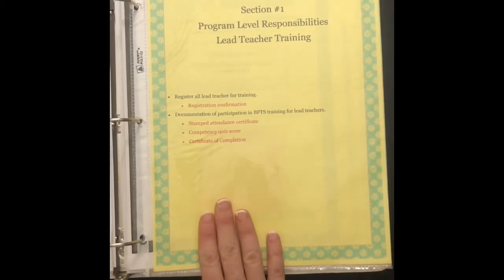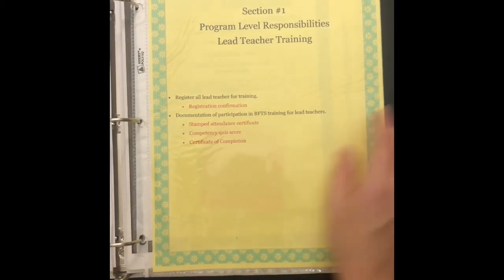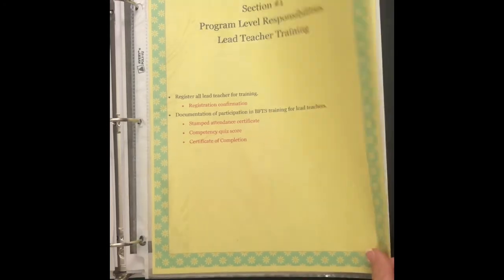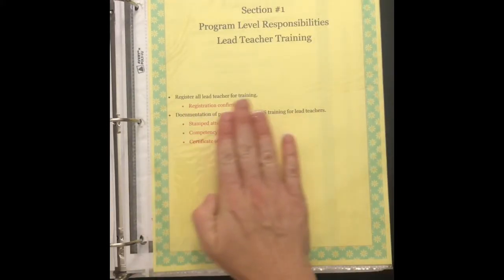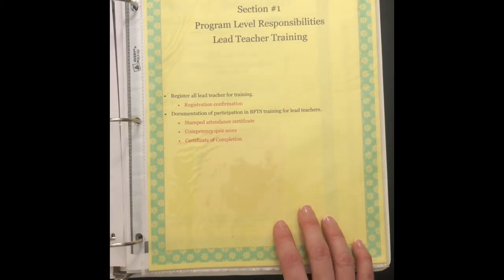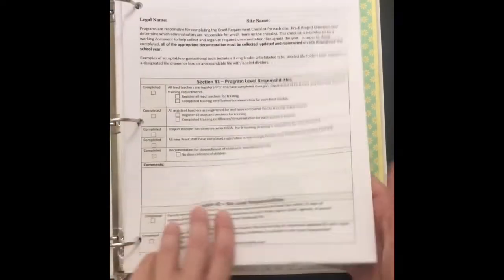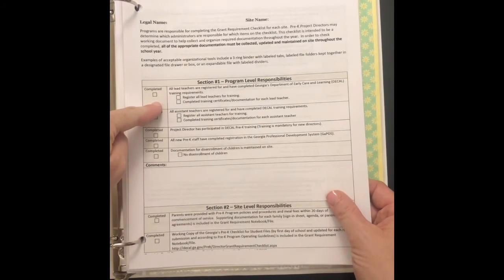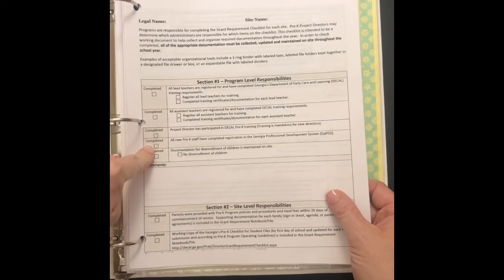You can see this divider page I printed out on a piece of colored paper and I put into a page protector, and this is acting as my divider. It tells me the section that I'm looking at, and behind it will be the required documentation. There is a divider page for each individual item under each section of the GRC.